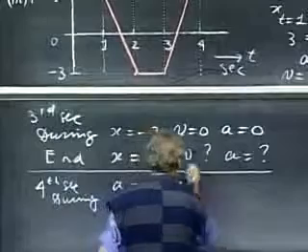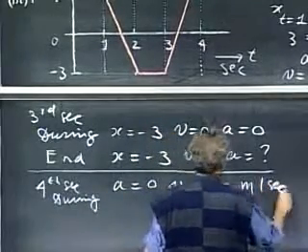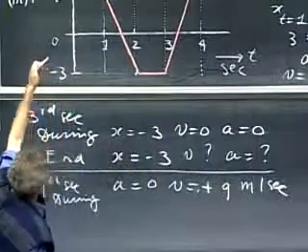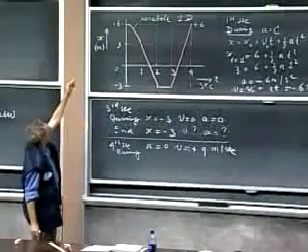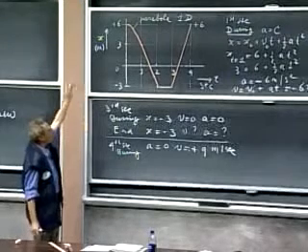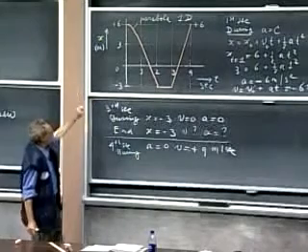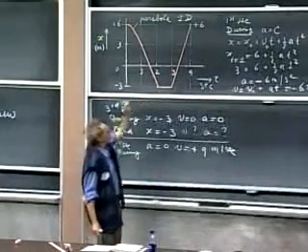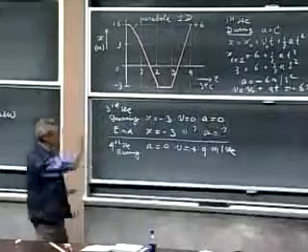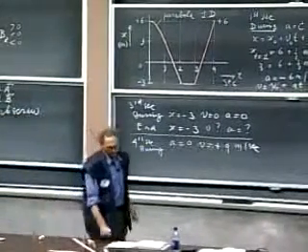But it's now +9 meters per second. So the object first went from positive values of x to 0 and to negative values for x. During all that time, the velocity was negative by our sign convention, and now the velocity goes back to +6, the velocity becomes +9 meters per second.